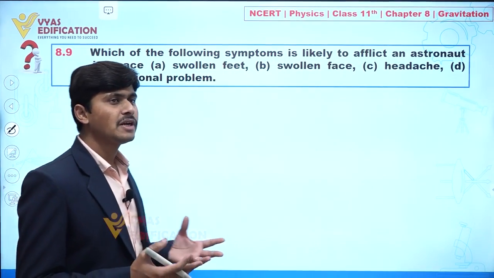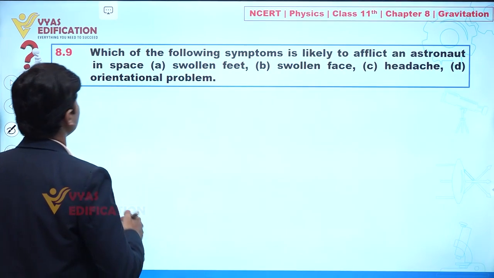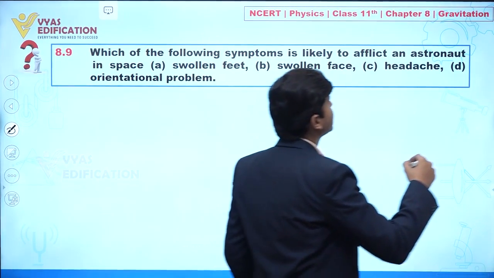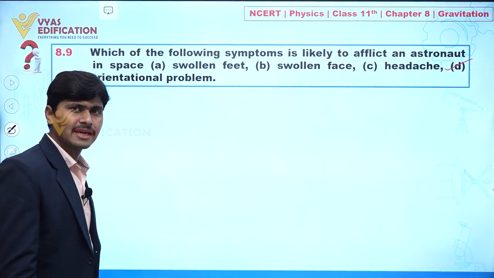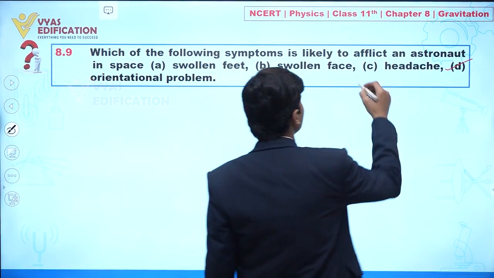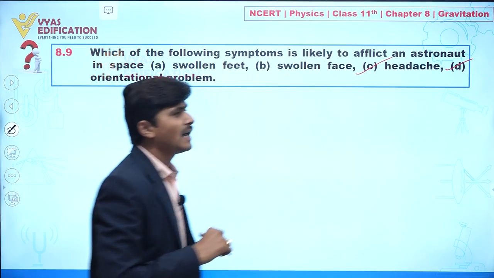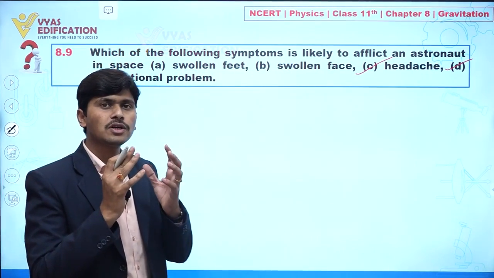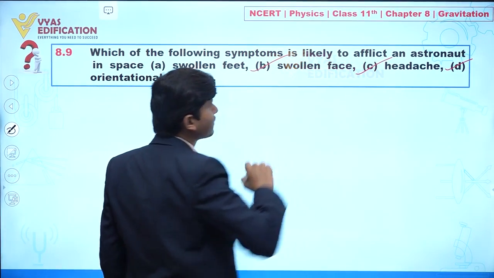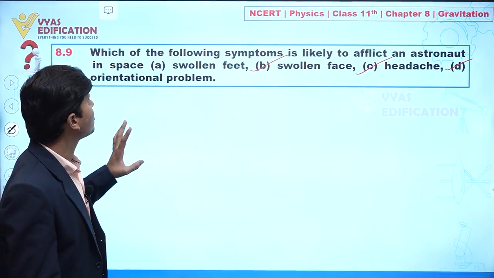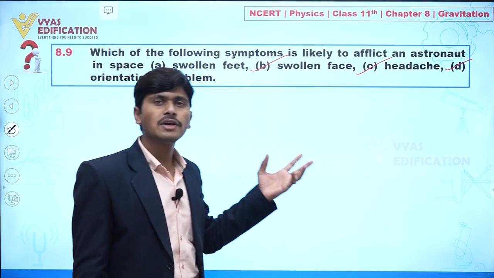So the D part is correct. They will also suffer from headache, as well as their face swelling. So this part is also correct. These are the three problems; feet will not swell.